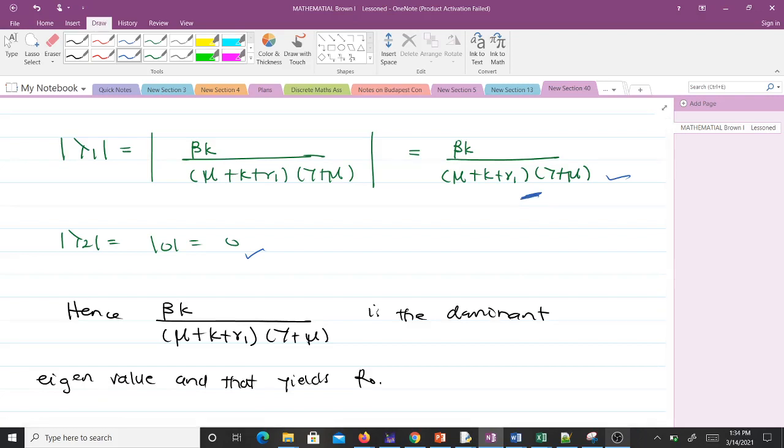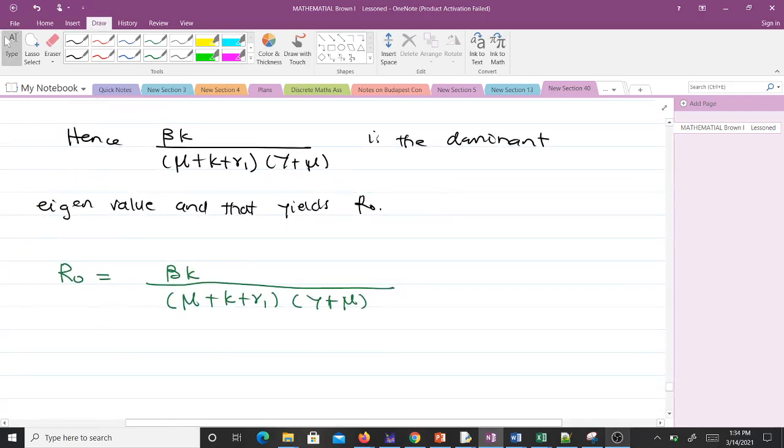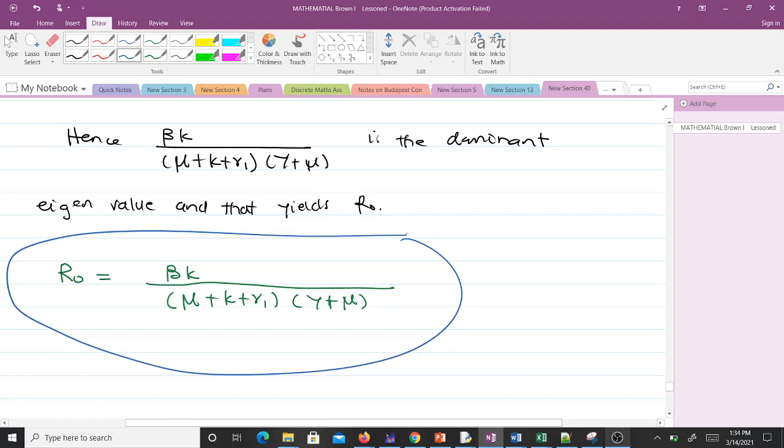Okay, so it means that beta kappa over mu plus kappa plus r1, all multiplying gamma plus mu, is the dominant eigenvalue, and that yields R0. Hence R0 is given by this relation. So that is how we use the next generation matrix to derive the basic reproductive number R0 for any model.